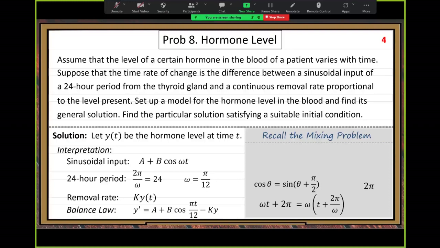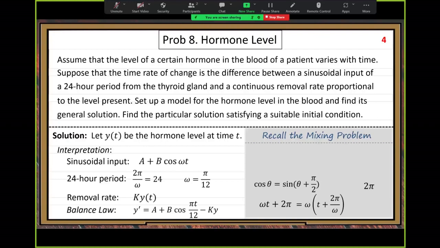If you change the angle by 90 degrees, pi over 2, you change from sine to cosine. Second, we want to calculate the period of the periodic function. We know the cosine function has period 2 pi. Cosine of omega t plus 2 pi equals cosine of omega t. So here, after we take omega out.